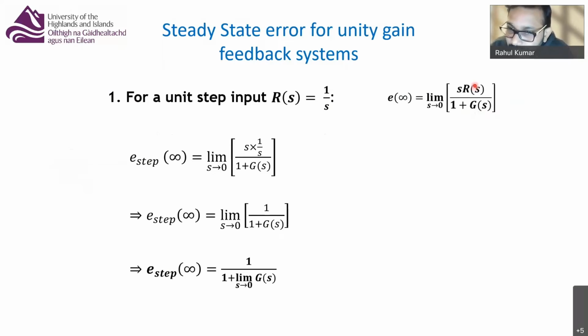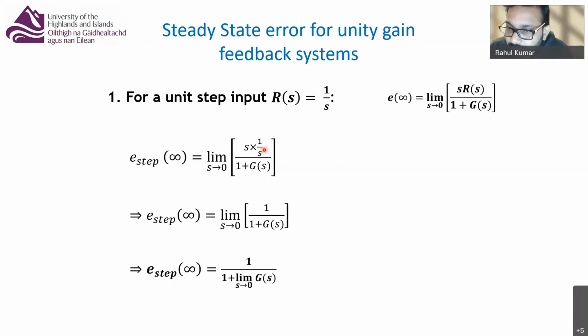Now for a unit step input, R of s is 1 over s, right? So I will substitute that value here. So the steady state error for step input comes out to be limit s tending to 0, and instead of R of s, I have replaced it by 1 divided by s here.